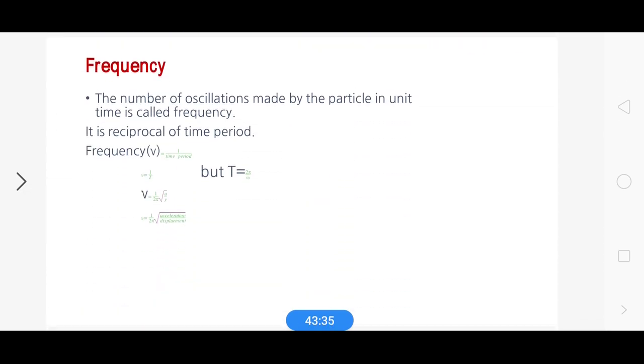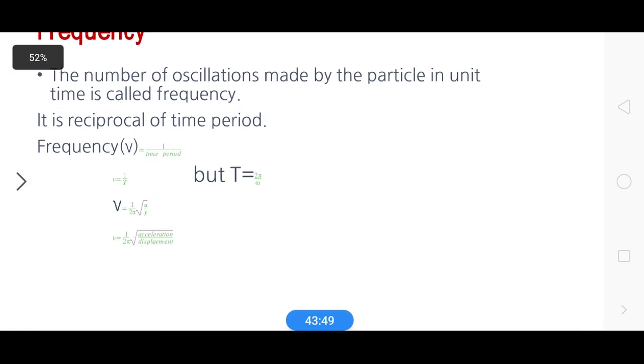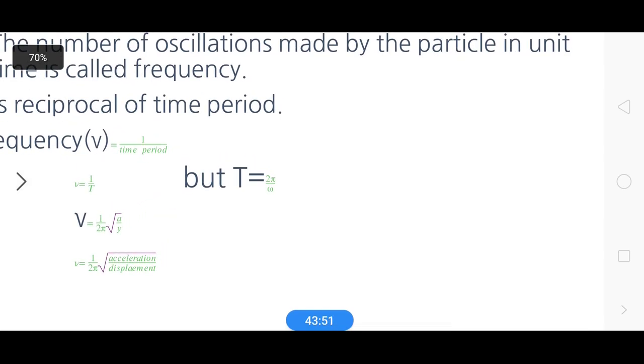And finally the frequency. The frequency, we can directly know, is the reciprocal of the time period, and the number of revolutions completed in unit time is the frequency. So mu is equal to 1 by time period. So it is 1 by T, but we know that T is equal to 2 pi by omega, that is 2 pi by angular velocity.